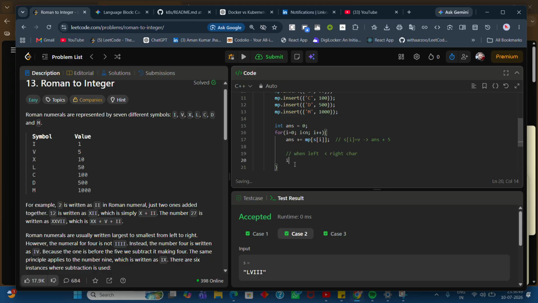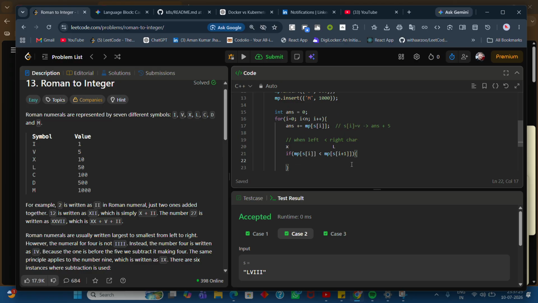That time we are writing one condition: if mp of s of i, that value, is less than mp of s of i plus 1, like X here considered as X and L here considered as L, in that time we are simply subtracting. What we are doing, we are subtracting.